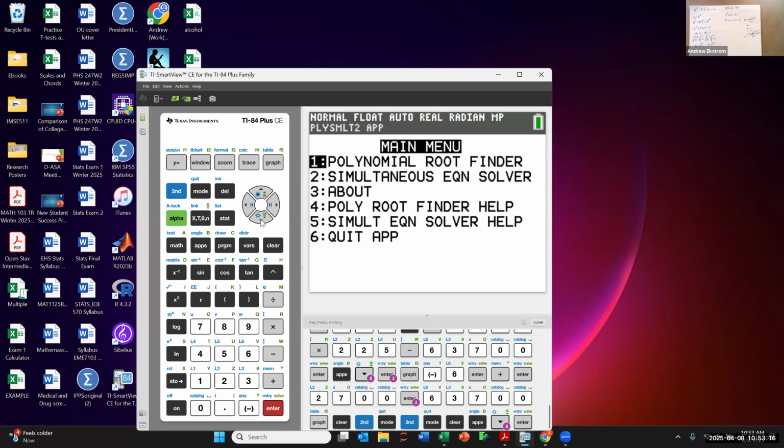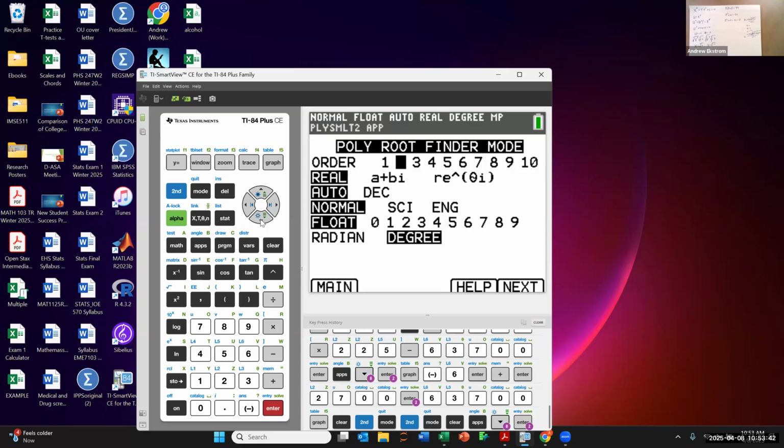Because we are dealing with a polynomial equation, specifically a quadratic, we want the first thing. The simultaneous equation solver, that's like problem 1 on exam 2, where you've got 3 equations, 3 unknowns, solve for x, y, and z. We're doing polynomial root finder.